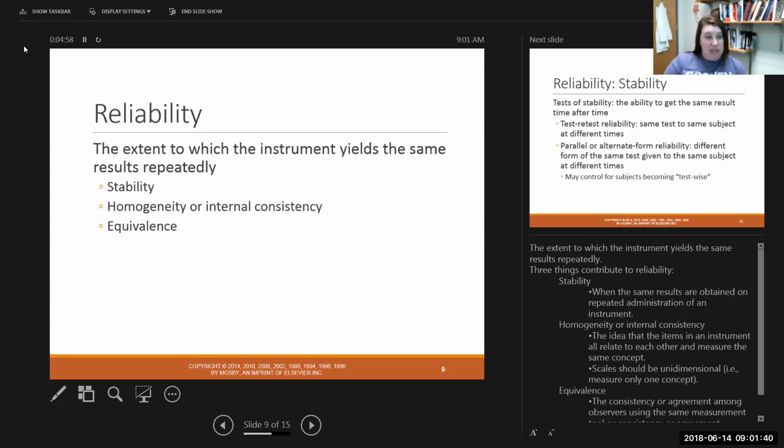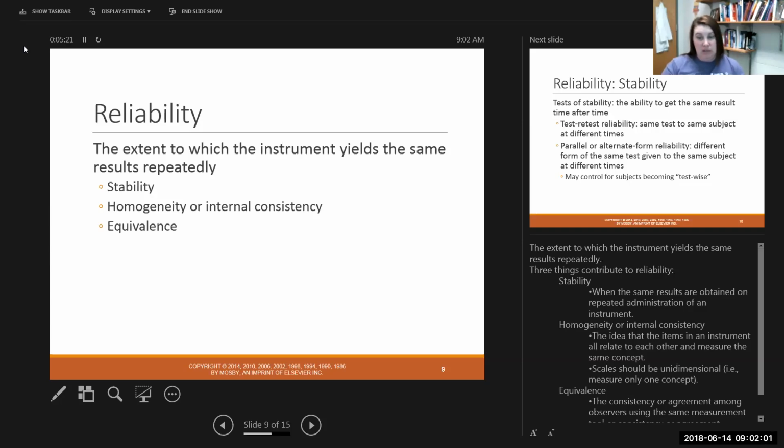With reliability, the extent to which an instrument yields the same results repeatedly, we are looking at things such as stability, homogeneity or internal consistency, and equivalence. With stability, we are looking to see that the same results are obtained on repeated use of that instrument.